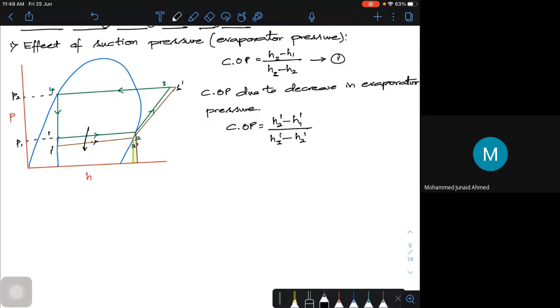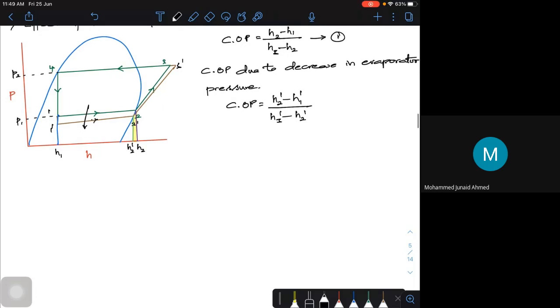If you closely observe what's happening, this is your H1, this is your H2 dash, this is your H2. There is a drop in my enthalpy difference, and at the same time there is an increase in my work done.